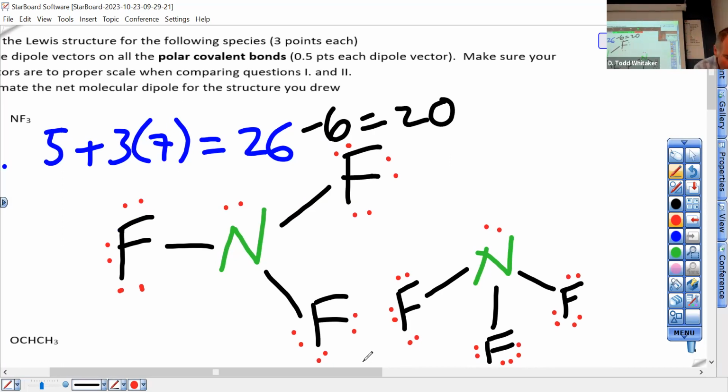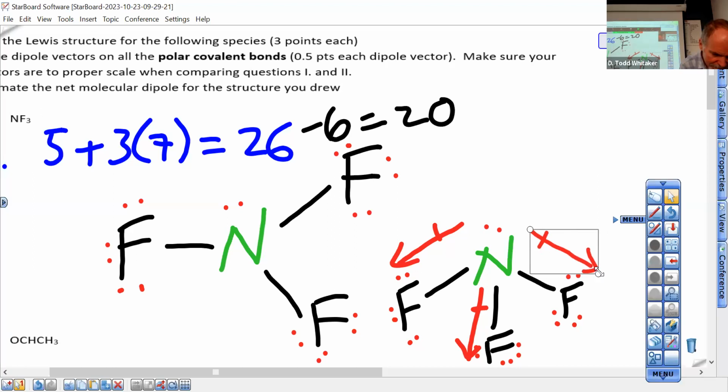Why do they point towards the F, all the dipole moments? The higher electronegativity pulls electrons more strongly. They should all be the same length. That last one looks a little long, doesn't it? They're all the same length?